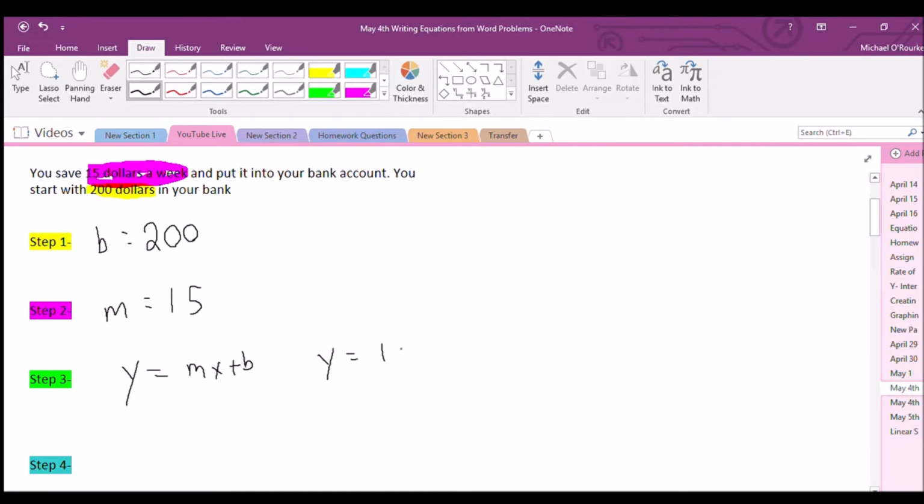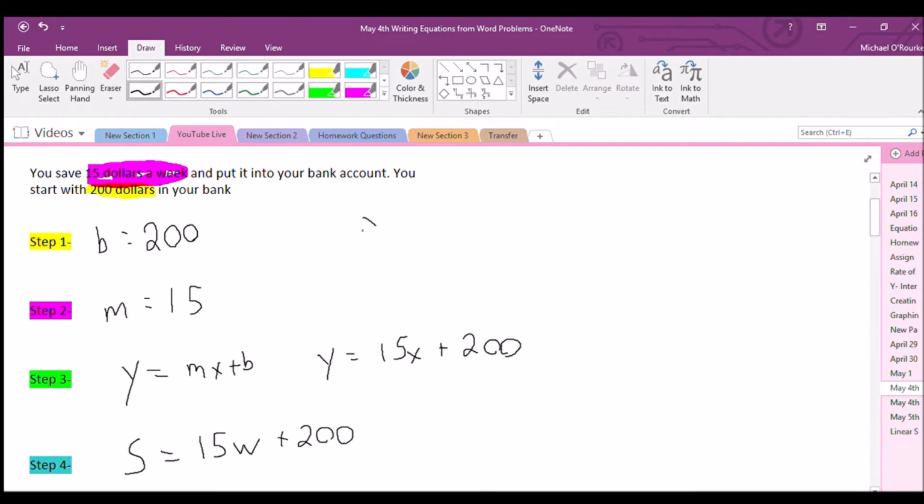Y equals 15x plus 200. Now, if I want to replace the variables, my s is going to be my savings, right? Total savings is going to be $15 per week, and then plus 200.